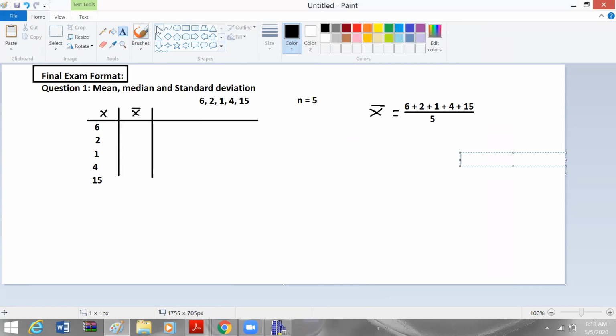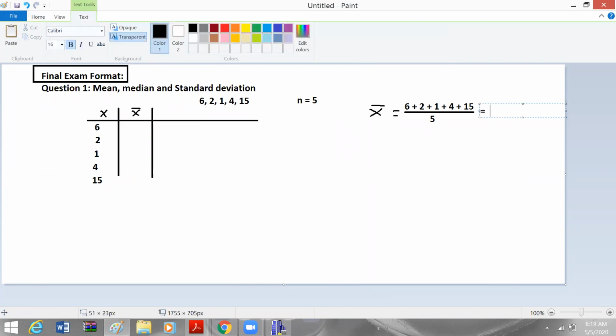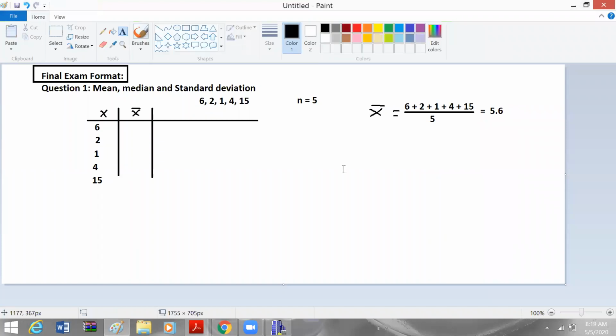Remember that we have to keep all the decimal numbers. So 5.6. After that, we're going to put them down right here, on the second column. This is the 5.6.